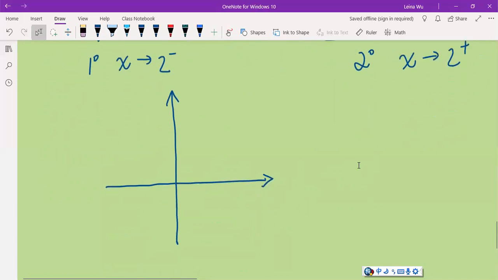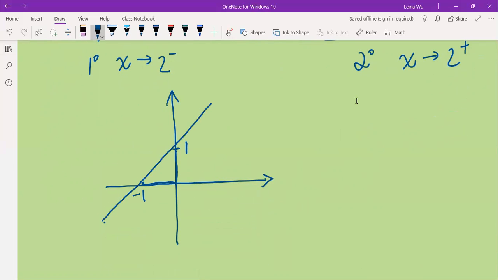It intersects the y-axis at 1. And the slope is 1, which means the rise over run equals 1. So it should have an x-intercept at -1. And the line should be going upwards like this.